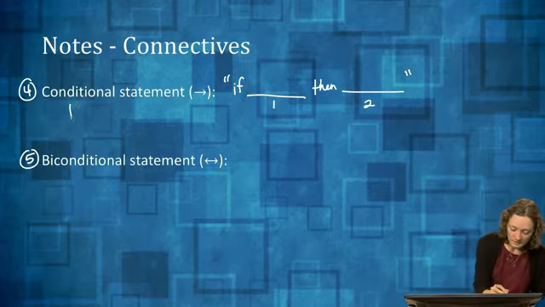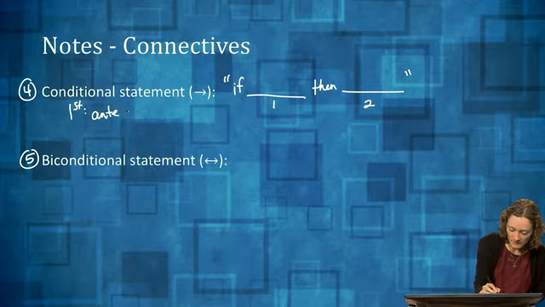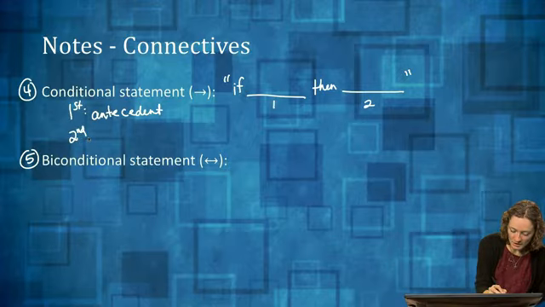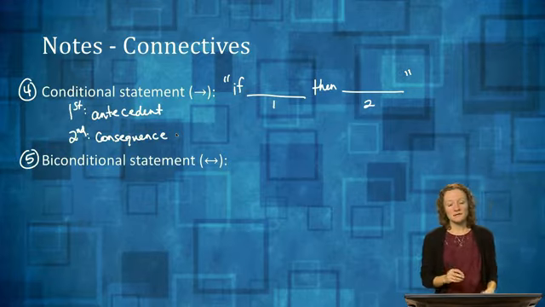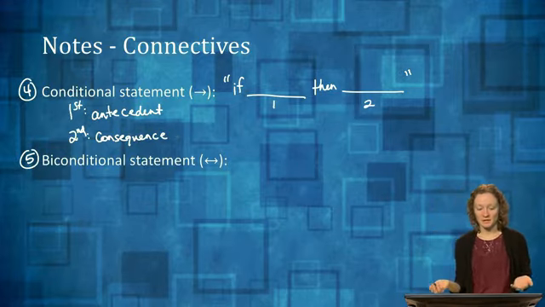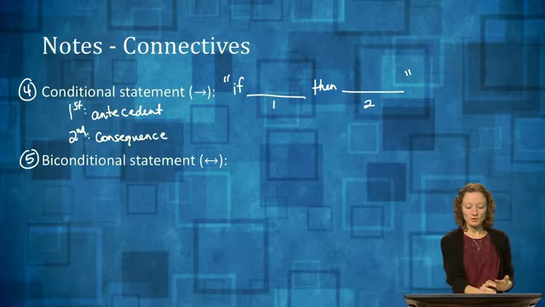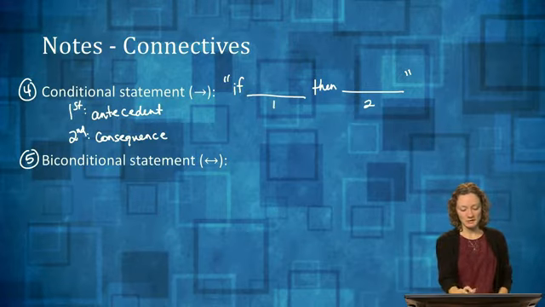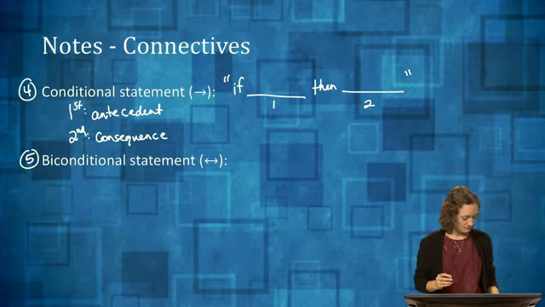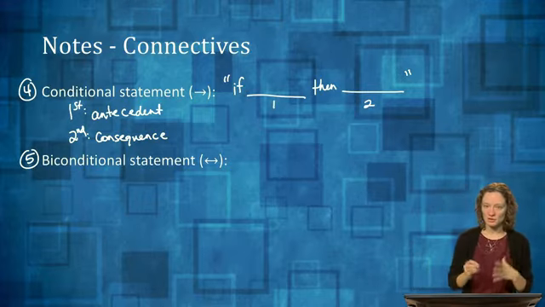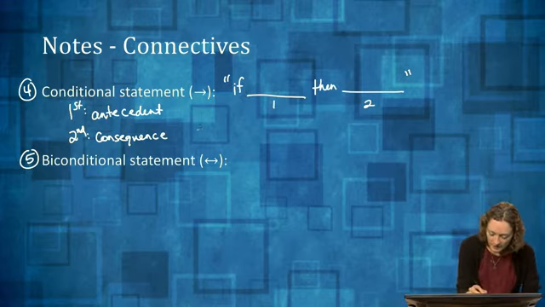The first part is called the antecedent. And the second part is called the consequence. Typically, I'll just refer to them as the first part and the second part. But those are their technical names. Whatever comes in this beginning piece, antecedent, whatever's at the end, consequence. An example of this, just so you can start to see what this would look like.